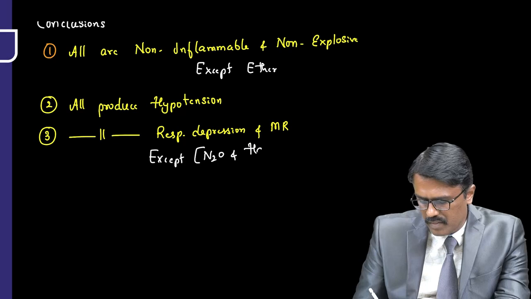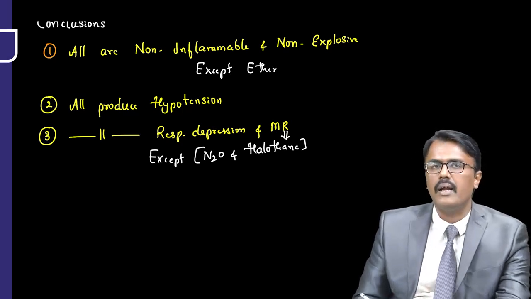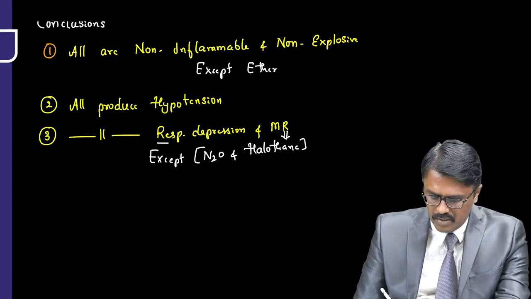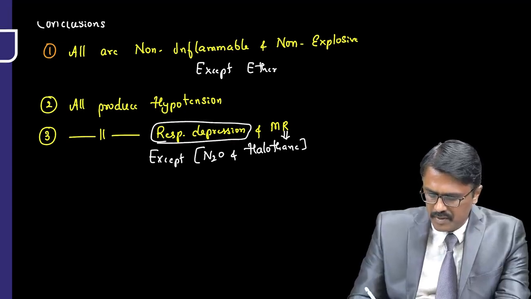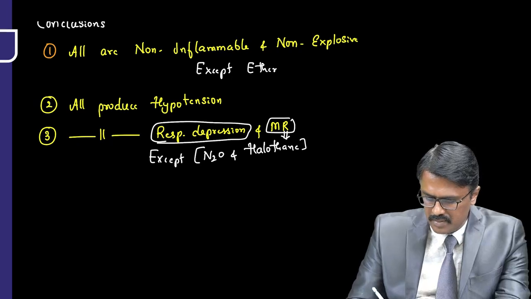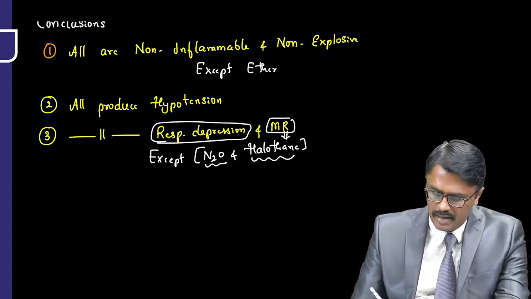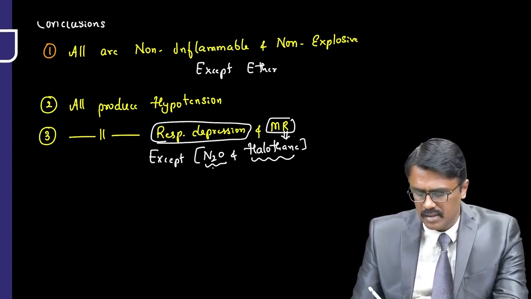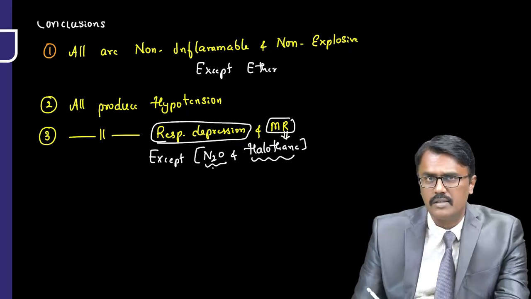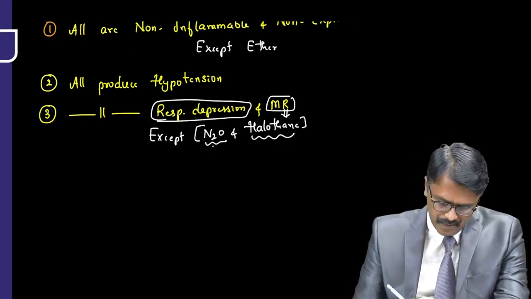They are not very good muscle relaxants. So all of them produce respiratory depression. All of them produce muscle relaxation. The exception for muscle relaxation is nitrous oxide and halothane. Nitrous oxide and halothane can cause respiratory depression, but they can't cause muscle relaxation. We have discussed that point earlier.